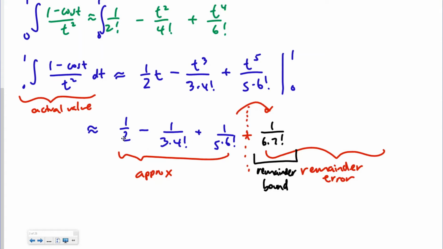It says that if this is the approximation, I'm wrong by no more than the next term. This will only be true if this is an alternating series that converges. So I have to say the terms alternate, and they do, minus, plus, minus, right? Okay, the terms have a limit of 0.